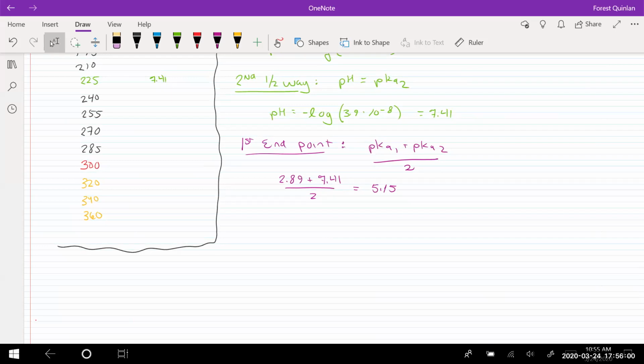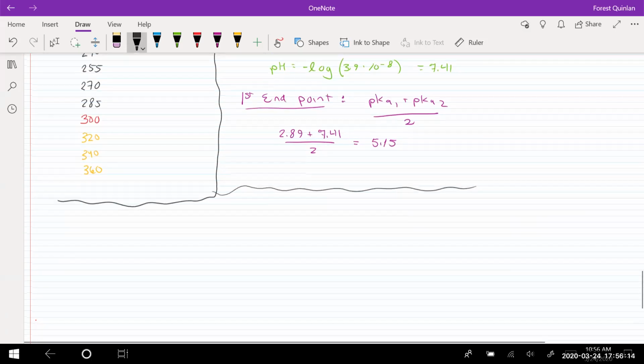Now let's get some of the, I wouldn't say more difficult, I would say the more time-consuming ones. Let's go ahead and get our initial and our endpoints, and then we'll just rip through some Henderson-Hasselbalch.